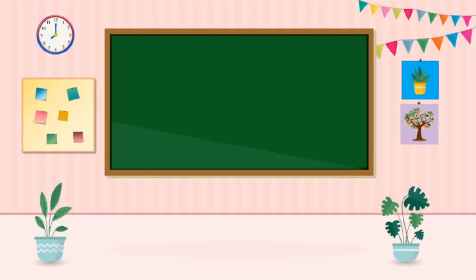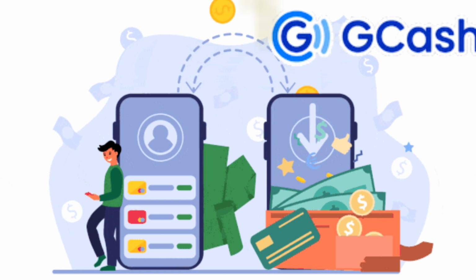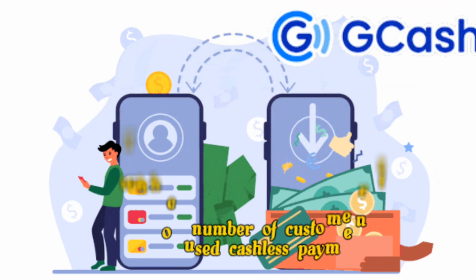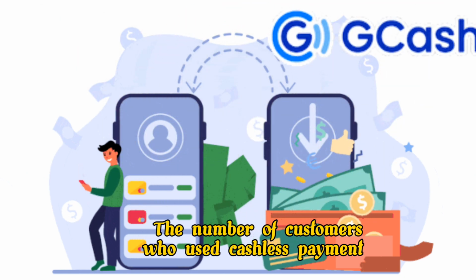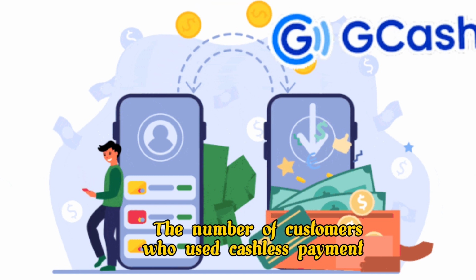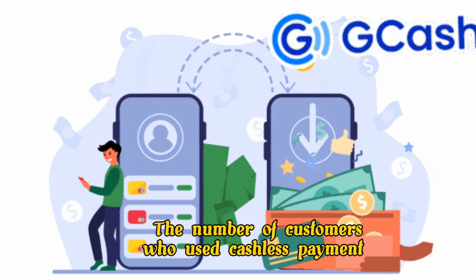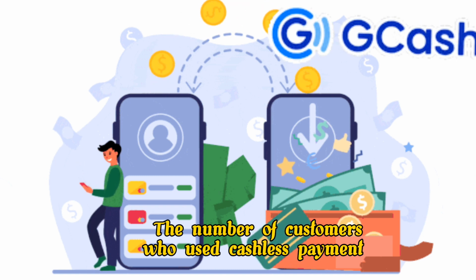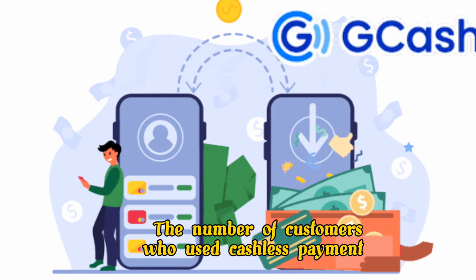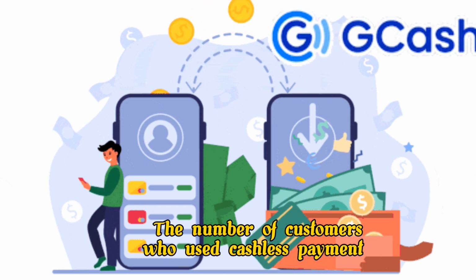Let's discuss some examples of discrete random variable from the Shakeverse Mango Shake store situation. The number of customers who use cashless payment is a discrete random variable because we can only get a whole number value for a random variable x, which is the number of customers. Of course, we cannot have a half for a number of customers.